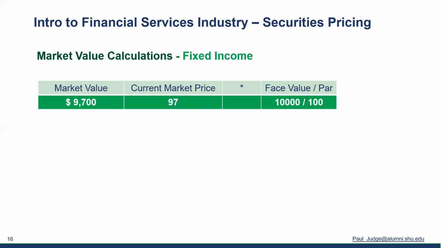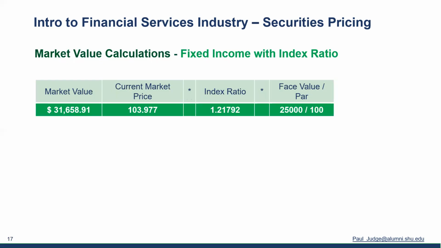For fixed income products, bonds, as we talked about earlier, face value or par times the current market price creates the market value. Then we took a fixed income with an index ratio, the example I talked about before. Then it's the face value or par times the index ratio times the current market price, right?